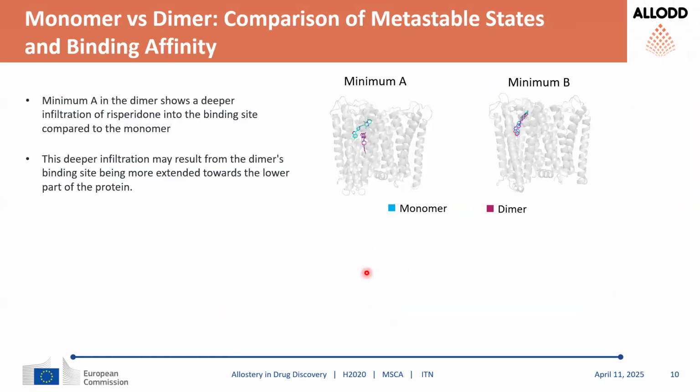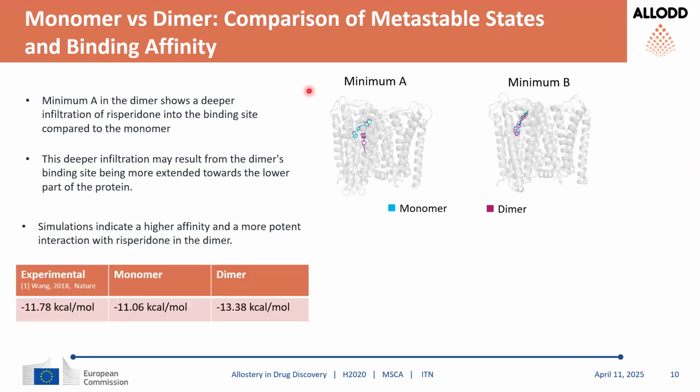So basically what we show is that we have these two bound states for risperidone within the D2 receptor, and while minimum B is very similar between the monomer and the dimer, when you switch into minimum A, the pose for the dimer seems to change a lot because the volume is different, and so the ligand is able to penetrate way more inside the receptor.